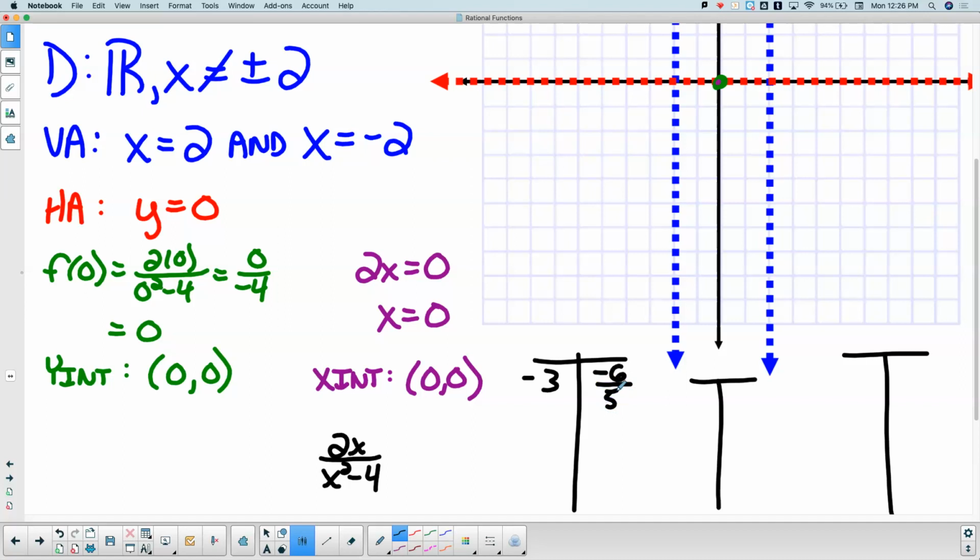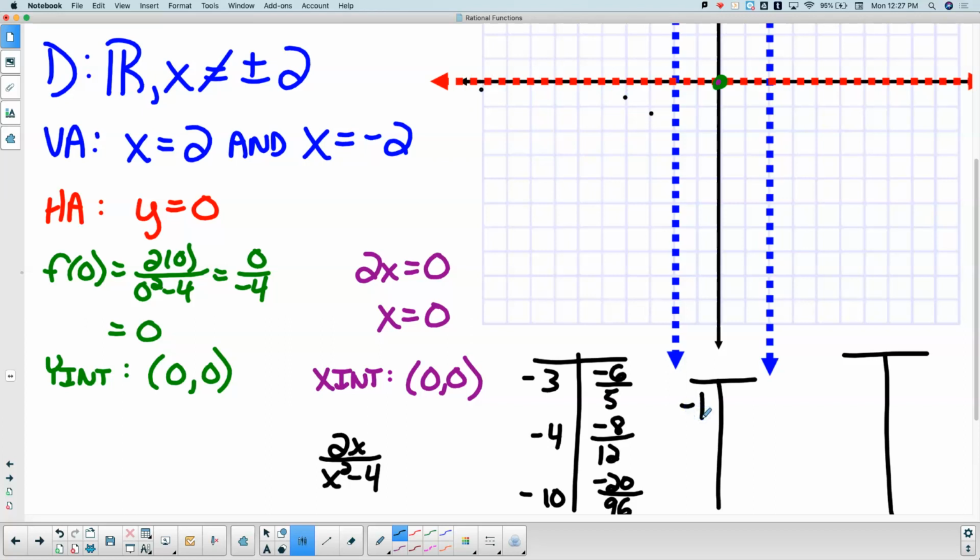Yep. Okay. Negative 4 is going to be negative 8 over 12, and negative 10 is going to be negative 20 over 96. So that's negative 1 1/5, negative 2/3, and negative close to 1/5.